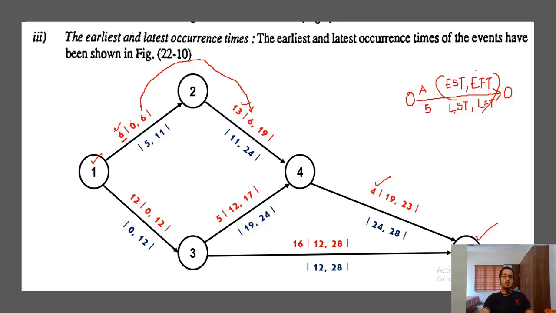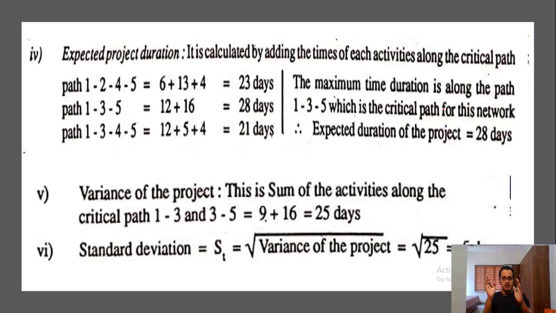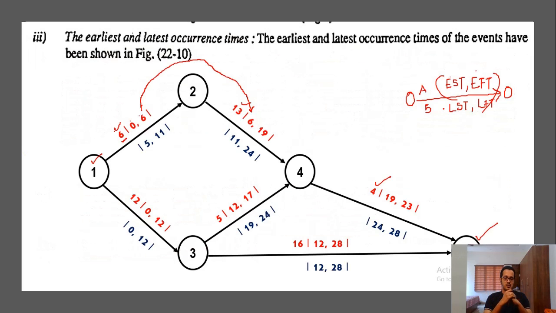So we complete this network diagram with all the EST, EFT, LST, and LFT. Looking at these values, we should be able to identify the critical path. I told you during class hours that using these values we can distinguish the critical path from the other non-critical paths.